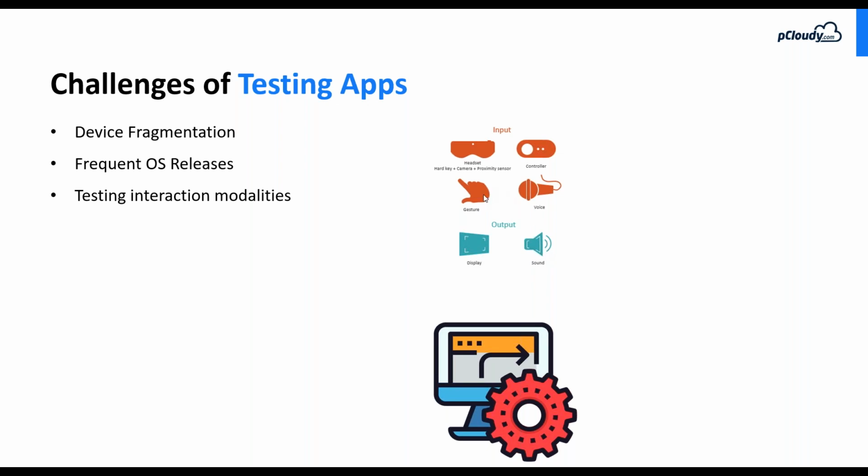At the same time, input is not restricted only to gestures. We have controllers, voice control applications, headsets, and so on. So we have a variety of modalities which need to be tested from the interaction perspective with the application, and we have to be aware of all these things.